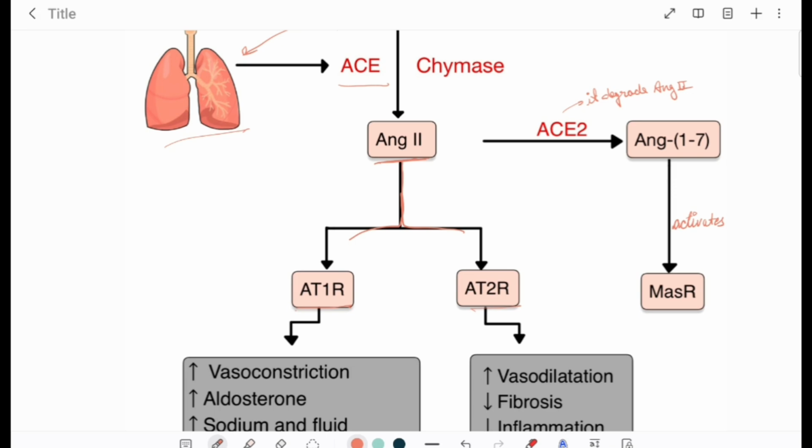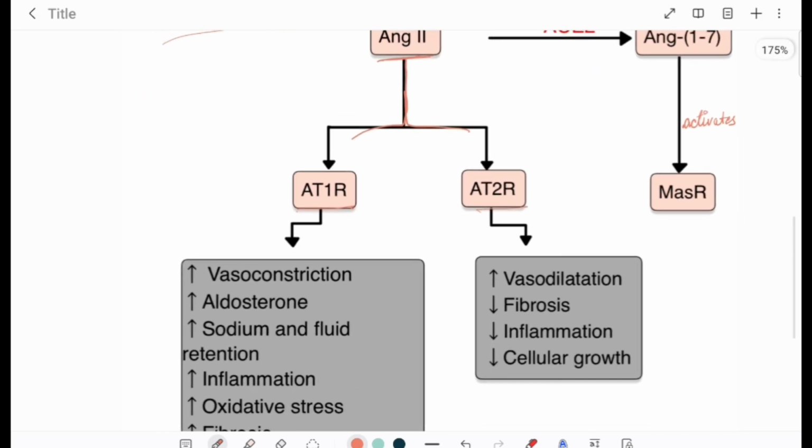First, this angiotensin 2 goes to the blood vessels and causes vasoconstriction. Then it goes to the adrenal gland and makes it release aldosterone, so we have an increase in aldosterone also.